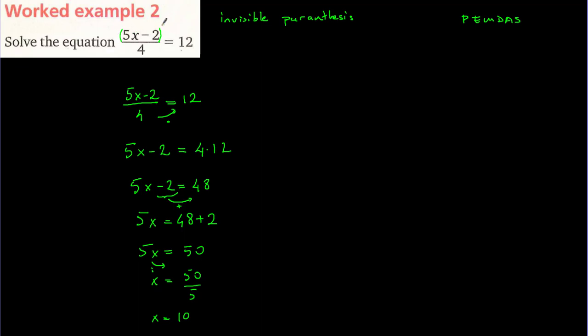That's why I'm saying this expression is divided by 4, and there is an invisible parenthesis. For expressions like x over 2, if the question is like 5x over 2 minus 2 equal to 13, then I'm not going to say there are invisible parentheses here, because this divides only this one, and we are not going to solve it like this.